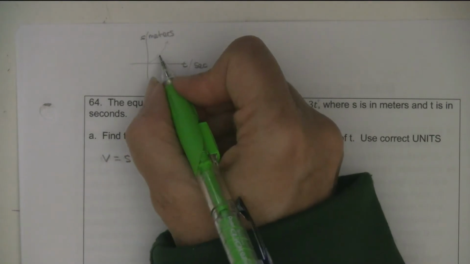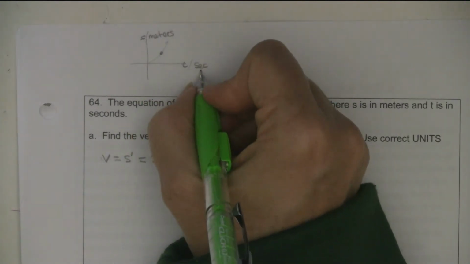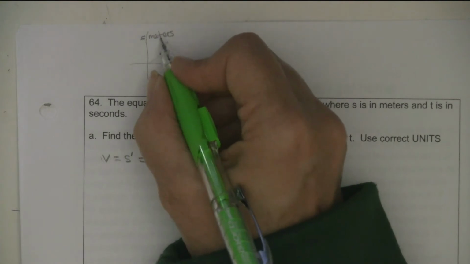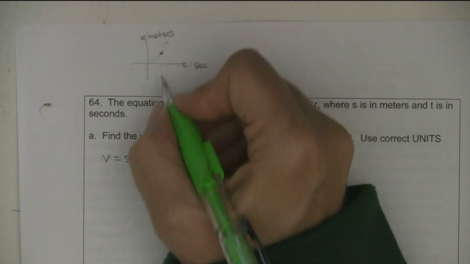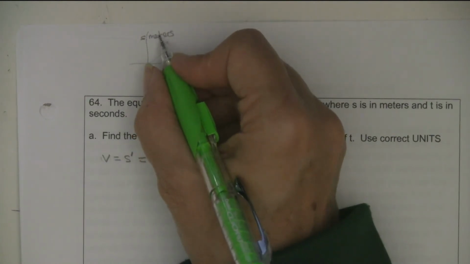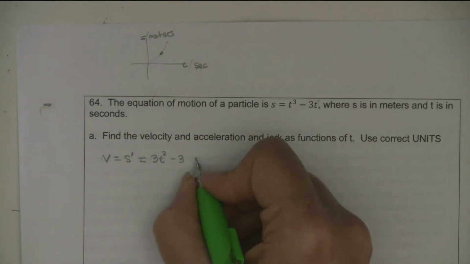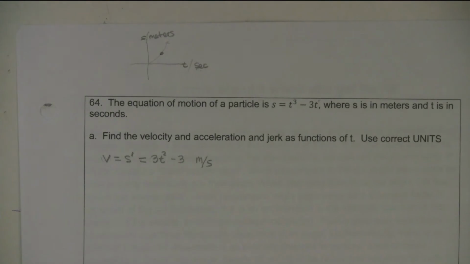When you find the derivative, what you found is the slope. And remember, the slope is the y's over the x's, in this case the s's over the t's. So S prime is the slope, the y's over the x's, which is meters over second. That is the units here, and that makes sense for the units you would have on velocity.